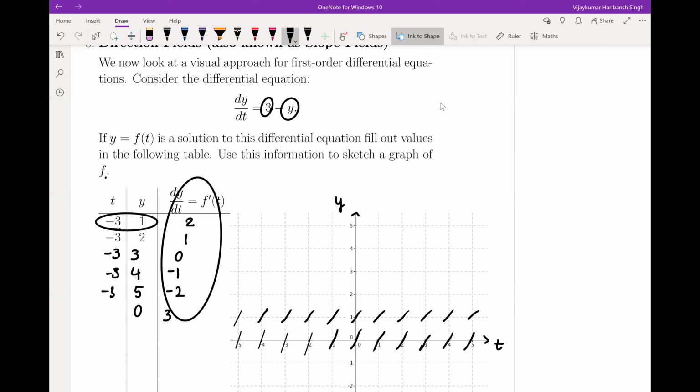When y is 2, the slope is 1, so these lines have slope 1. And when y is 3, you get dy by dt equal to 0. So at y equals 3, the slope will be 0.